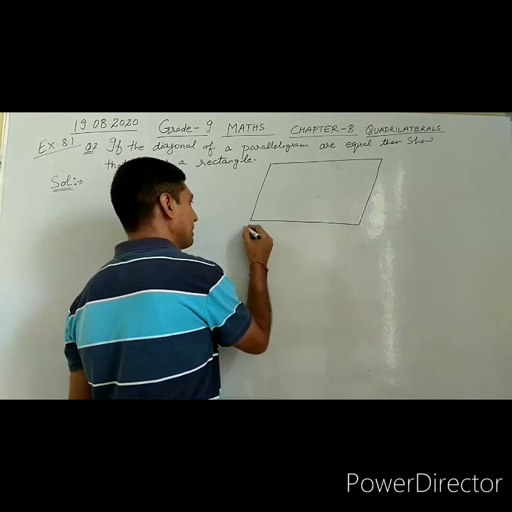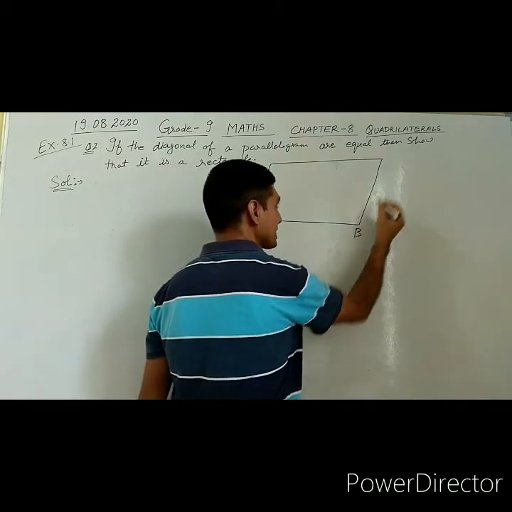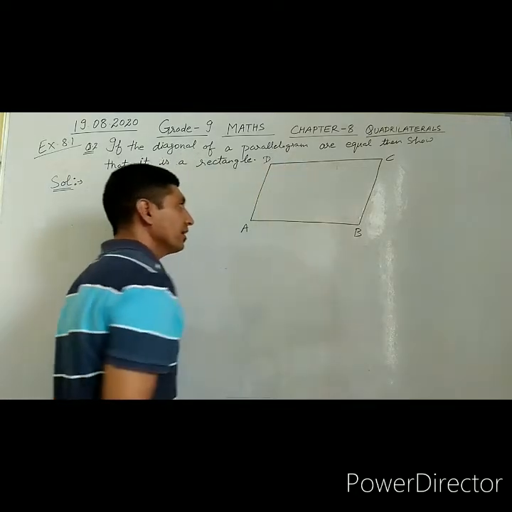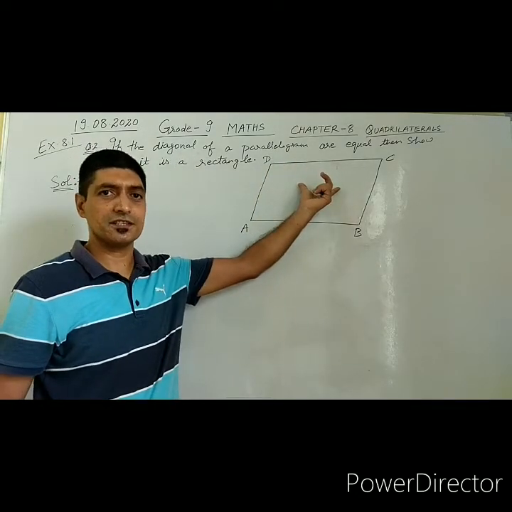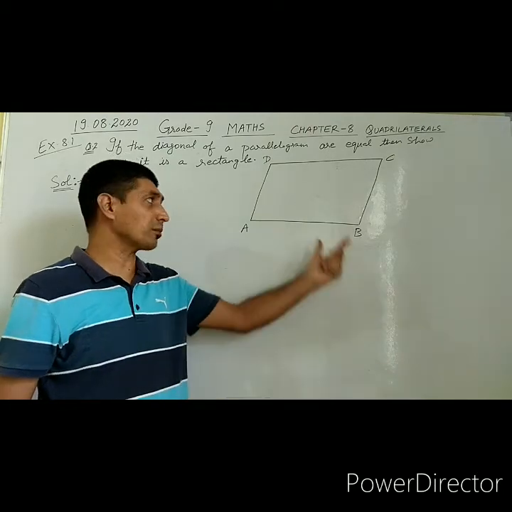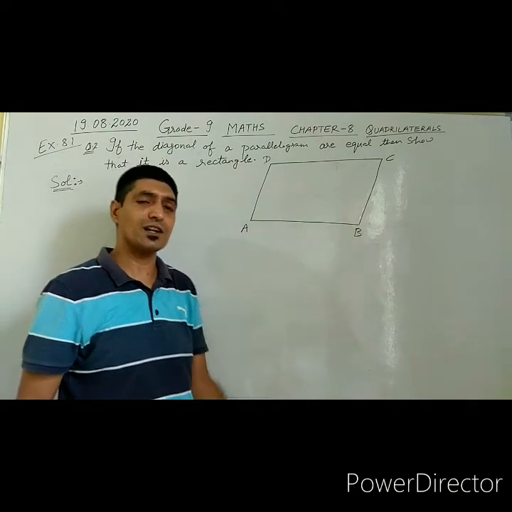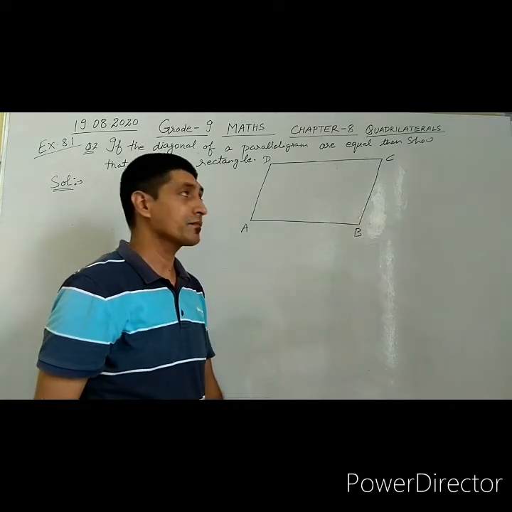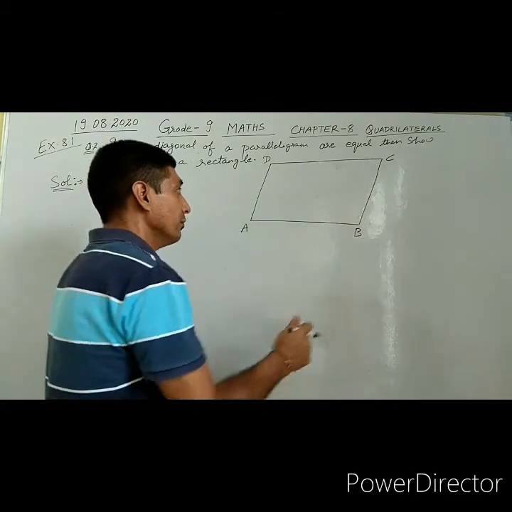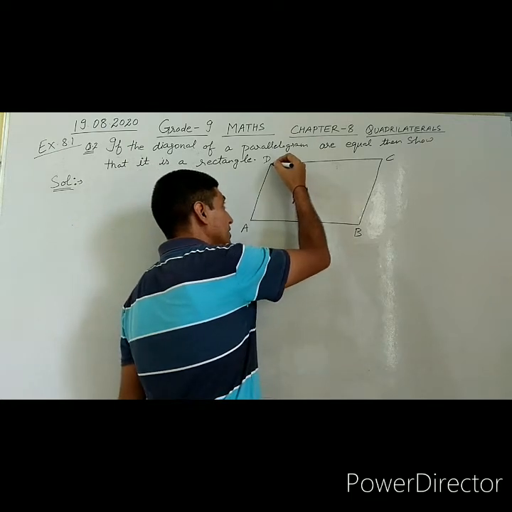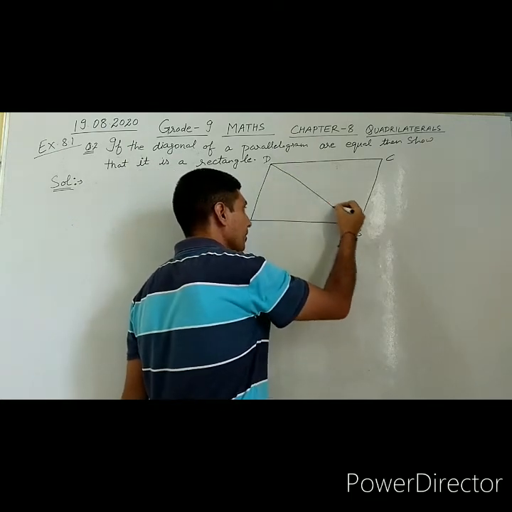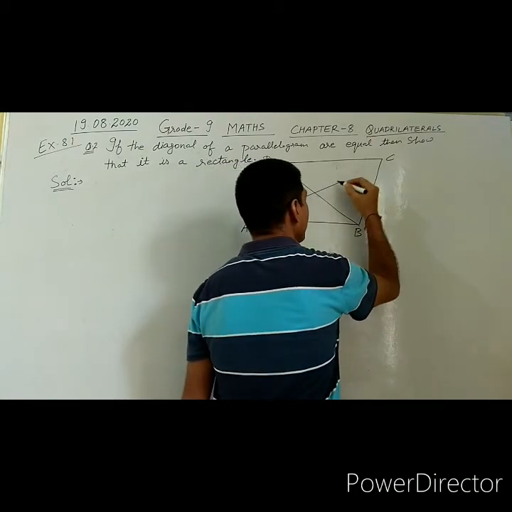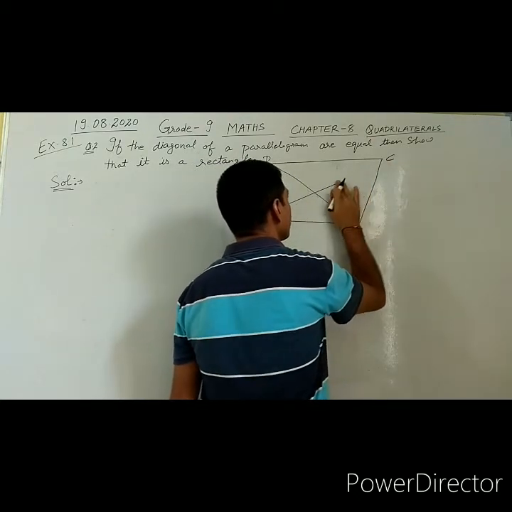Now this is a parallelogram ABCD. It is very important to note here: don't take it as a rectangle first. We want to prove it is a rectangle. What are the properties of a rectangle? A rectangle is also a parallelogram, but all 4 angles are 90 degrees. So here we are given that BD and AC are equal.